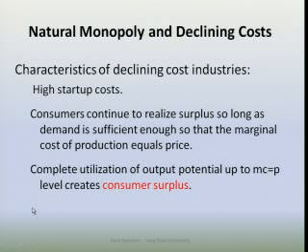So let's go to a graph and take a look at it. And this may be a little bit hard to discern, but let me do this anyway. I'll get the pointer up here, and I'll get the felt tip pen. Here I have a traditional declining cost type of industry, and I have a demand, D, and I have an average cost curve.